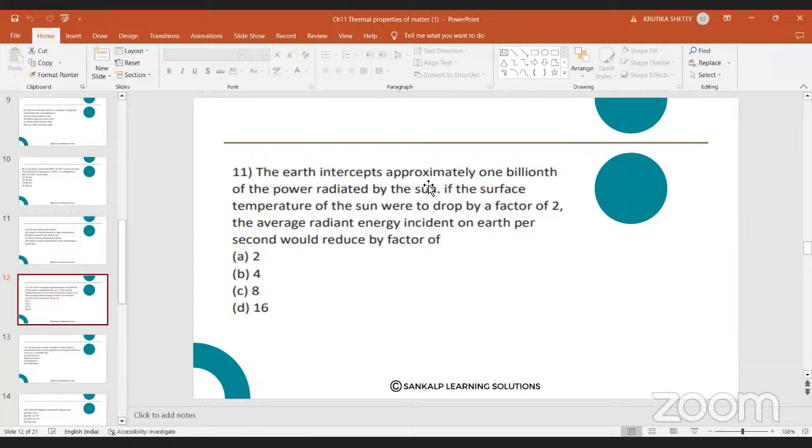So what they are saying, earth intercepts approximately 1 billionth of the power radiated by the sun. If the surface temperature of the sun were to drop by a factor of 2, the average radiant energy incident on earth per second. It is 2, 4, 8, 16. A, B, C, D. Which one is the option?